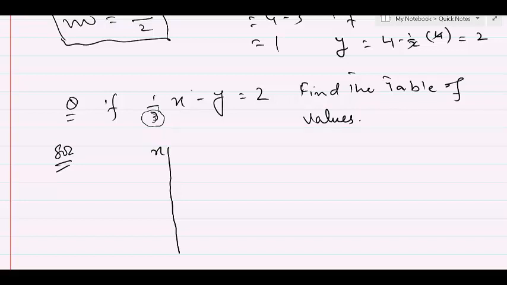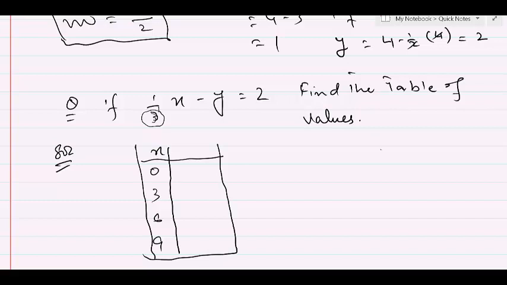Therefore, we are going to assume 0, 3, 6, or maybe, if we want, let's say 9. For these values of x, we are going to calculate the values for y.